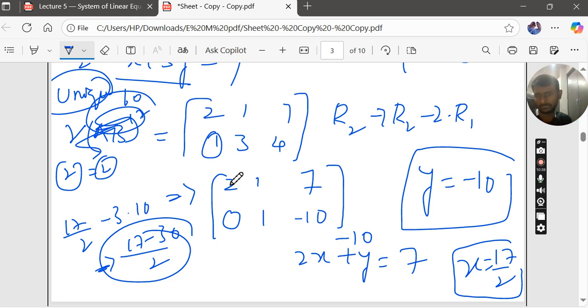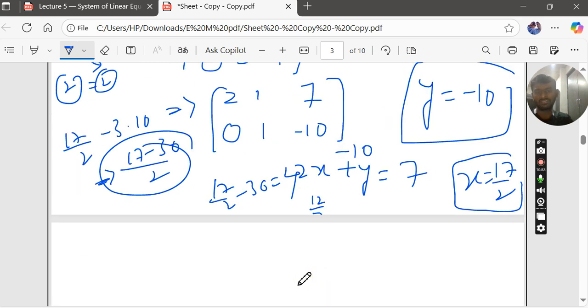It's correct only. 17 by 2 minus 30 should be equal to 4. How? And here it is equal. Okay, I will explain this one in the next class, or else I will give you the description after solving that equation.